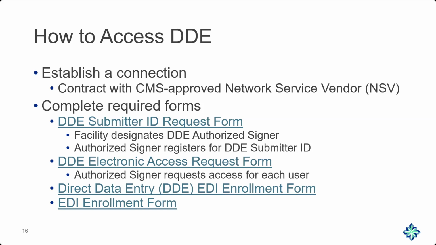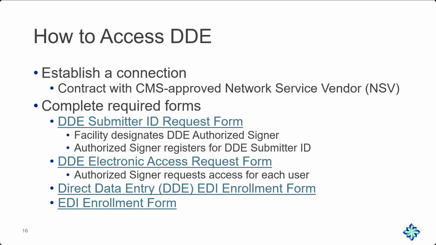To access DDE, a request has to be submitted by that authorized signer using the DDE electronic access request form. So once that authorized signer is in place, then they control who has access to the facility's claims and financial information. That first step is getting that authorized signer set up. And then as employees need access or leave and no longer need access, then that authorized signer is in charge of that.